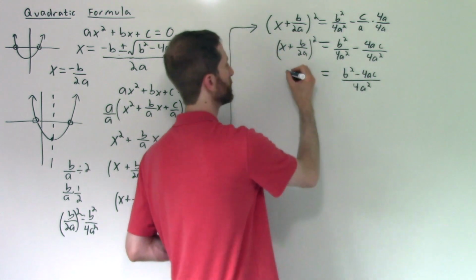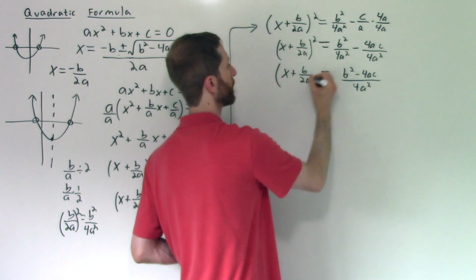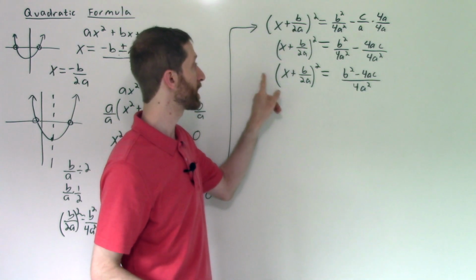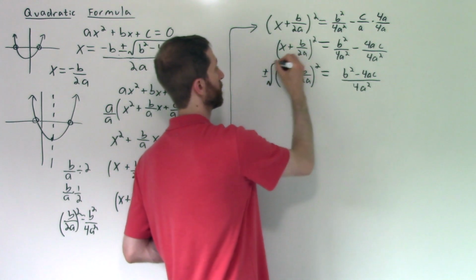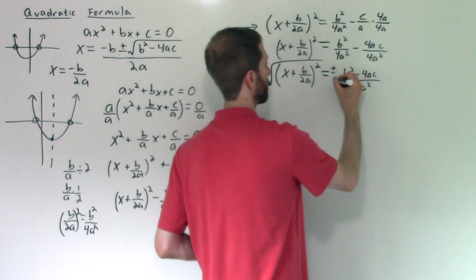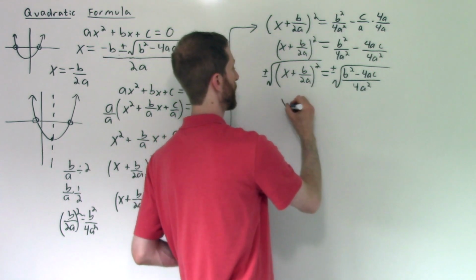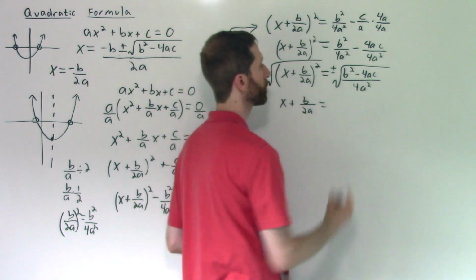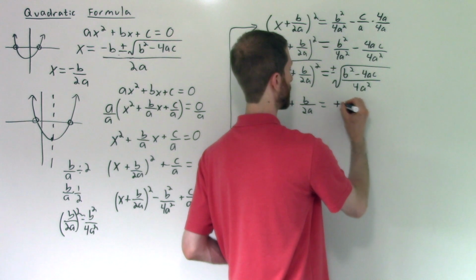What we're also going to do is refocus and recognize that we're trying to get x alone. So I have to take the plus or minus square root of both sides. Notice that completing the square led us here. Check out what happens. We undo the square, we get x plus b over 2a is equal to plus or minus the square root still, right?